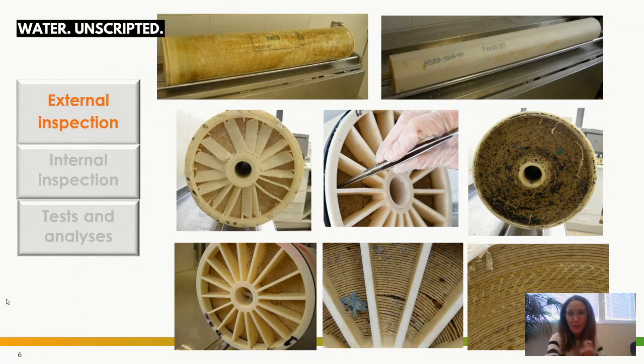Just having a look at the full element, we can have very valuable information about, for example, some problems with the pretreatment, as on this membrane showing a high amount of carbon, anthracite probably, how these particles can go in between some membrane envelopes and damage the membrane after, spacer protrusion related to some high dP issues, for example.